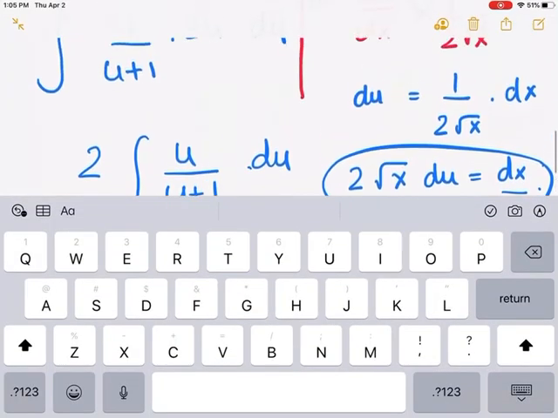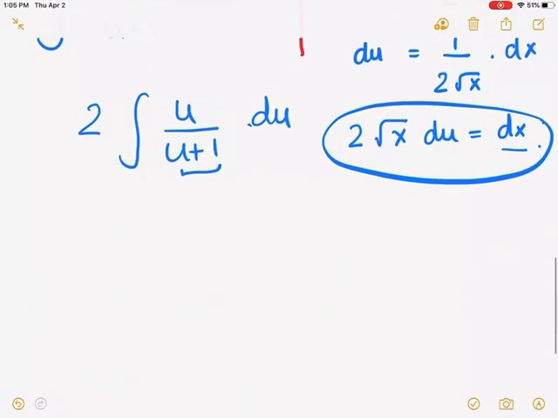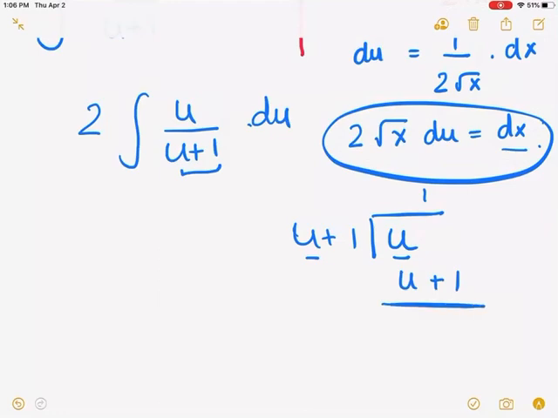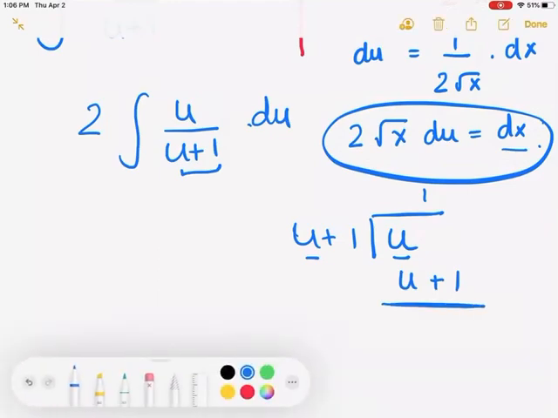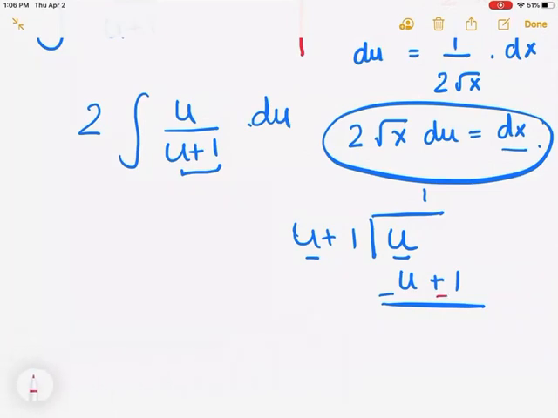So let's divide u by u plus 1. So u times what makes u? It's 1. So I would multiply this whole expression by 1. It becomes u plus 1. Time to switch signs. Negative and negative, cancel these out. So I have negative 1 left.